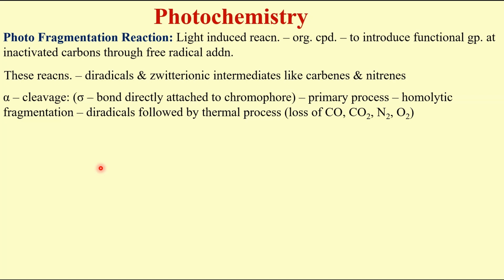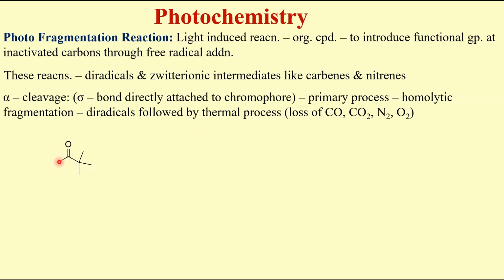The primary process in alpha cleavage is homolytic photofragmentation. Homolysis is a reaction in which lysis of the bond takes place, giving rise to free radicals. These free radicals are diradicals in this case, and that is followed by a thermal process with the loss of carbon monoxide, carbon dioxide, nitrogen, oxygen, etc., to give the compounds.